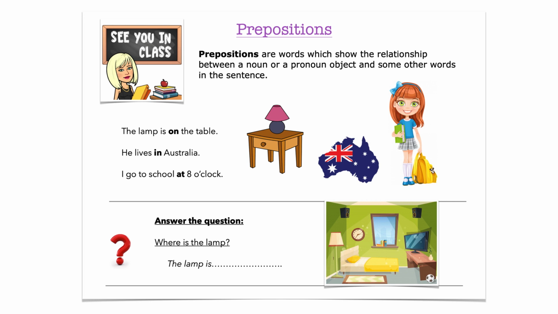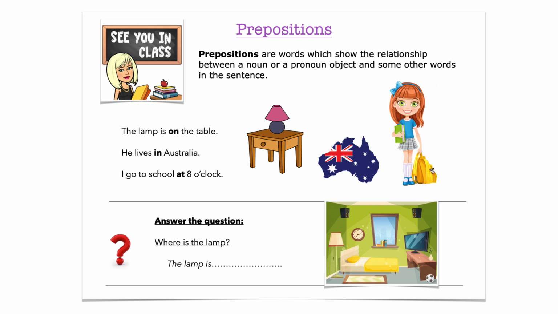So, what are the prepositions? Prepositions are words which show the relationship between a noun or a pronoun object and some other words in the sentence. For example, the lamp is on the table. On is a preposition.